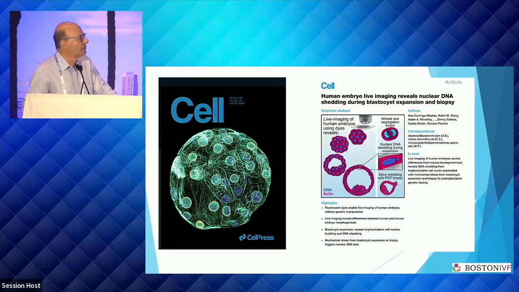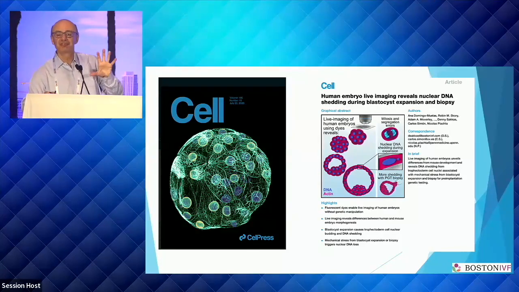We found that these fluorescent dyes are not harmful to the embryo. We did a lot of testing with mouse and got pups and everything, so it worked. Live imaging reveals very interesting characteristics of human blastocysts. We found that blastocyst expansion causes the trophectoderm to do really interesting things.